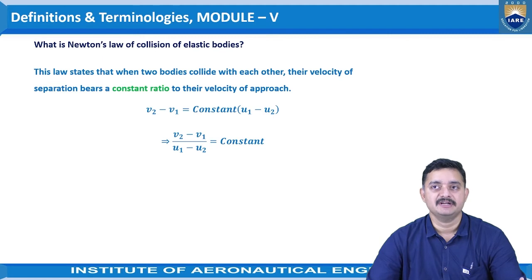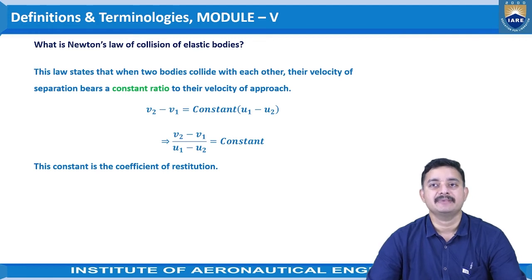As per the statement, we can understand that when two bodies collide with each other, their velocity of separation bears a constant ratio to their velocity of approach. This constant is the coefficient of restitution.